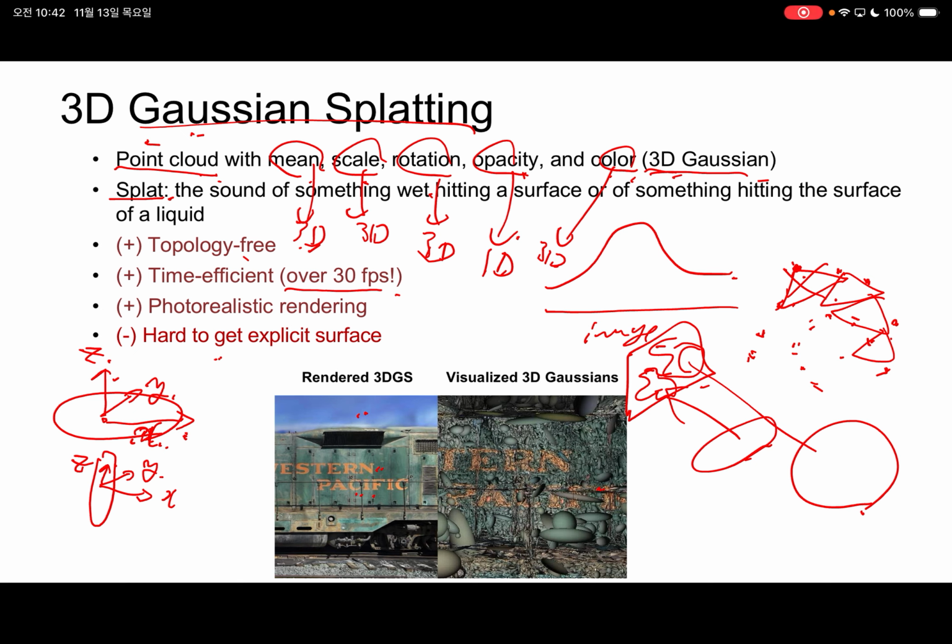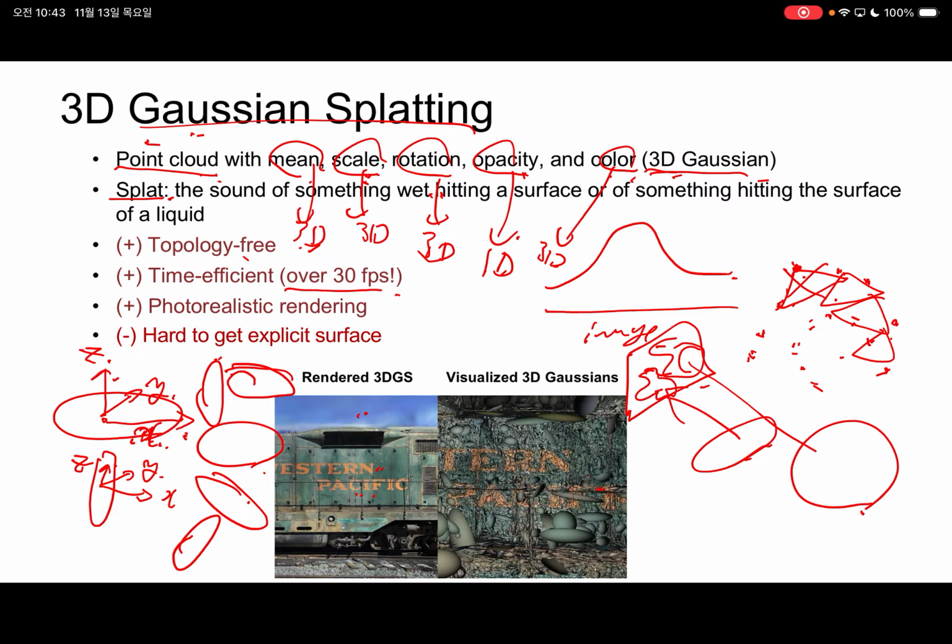That's the scale: the size of the 3D Gaussian along each axis. And rotation. If we have this kind of sphere or ellipsoid, then we can rotate it to any orientation, right? That is 3D rotation. We can rotate a 3D Gaussian.